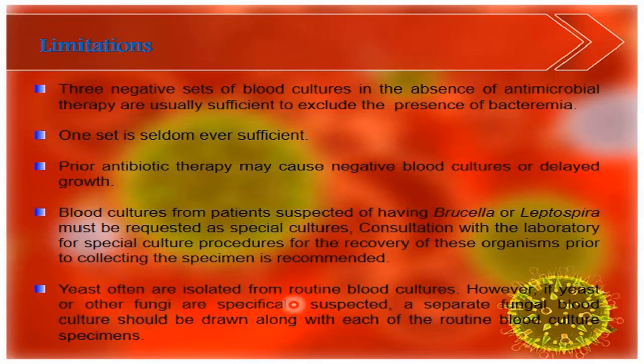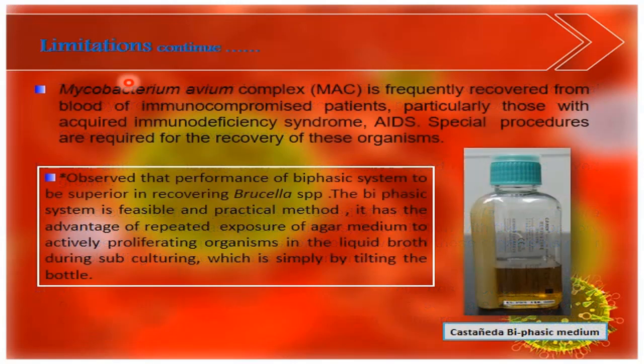Yeast often are isolated from routine blood culture. However, if yeast or other fungi are specifically suspected, a separate fungal blood culture should be drawn along with each of the routine blood culture specimens. All of these are limitations for the blood culture. Okay?